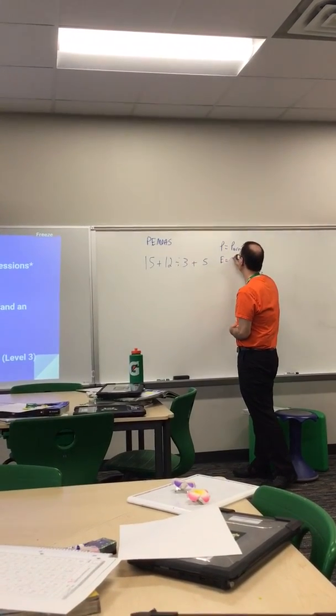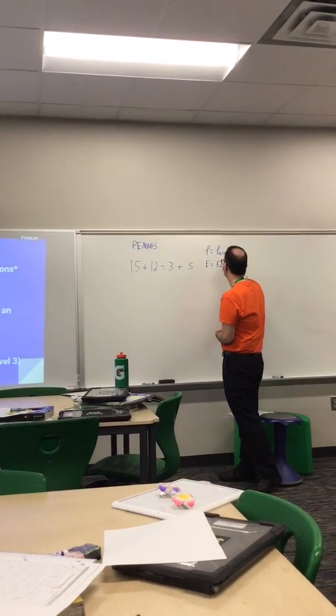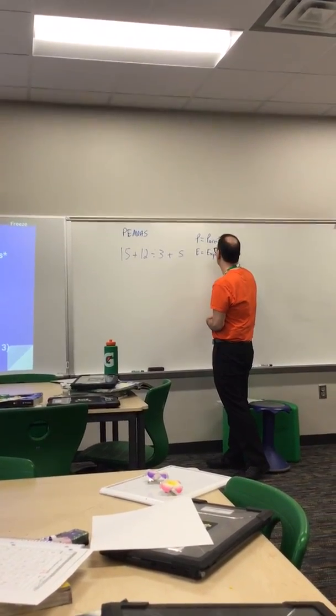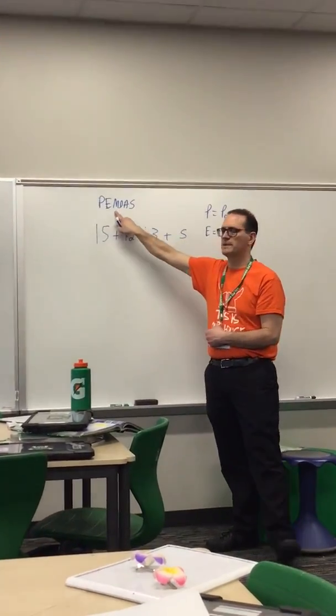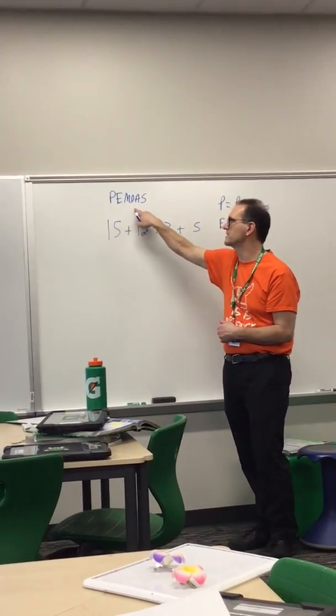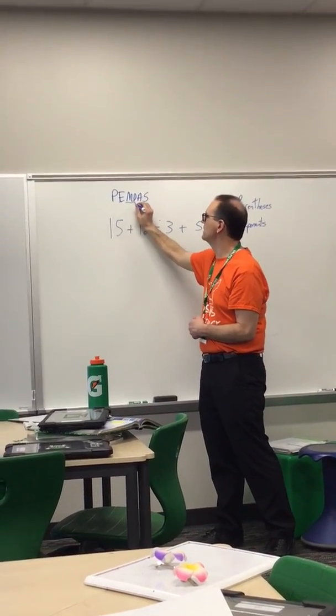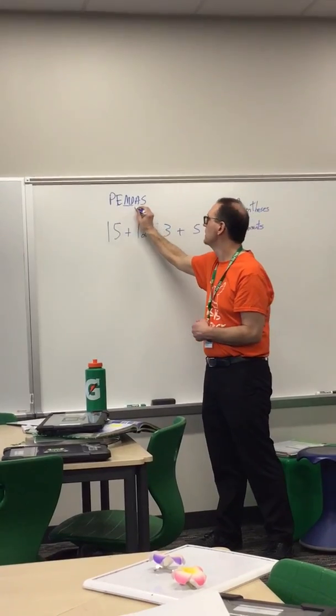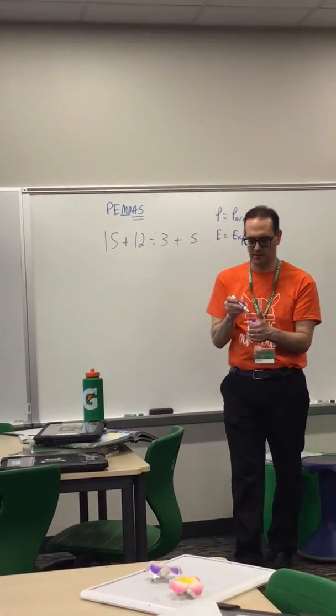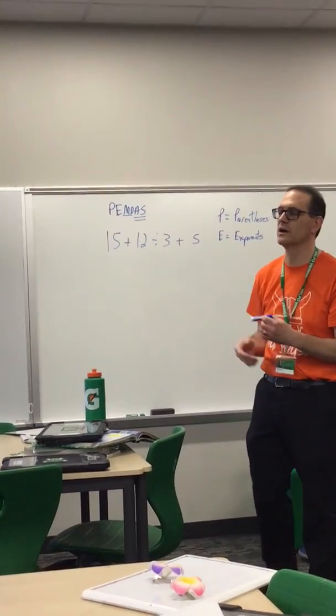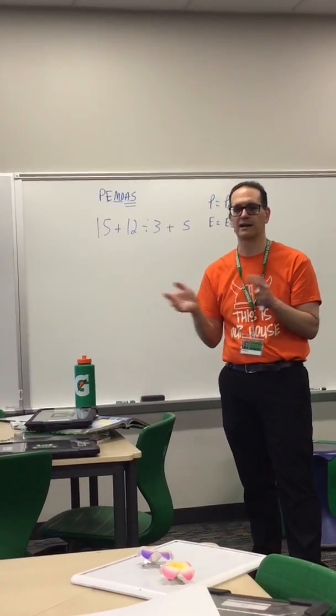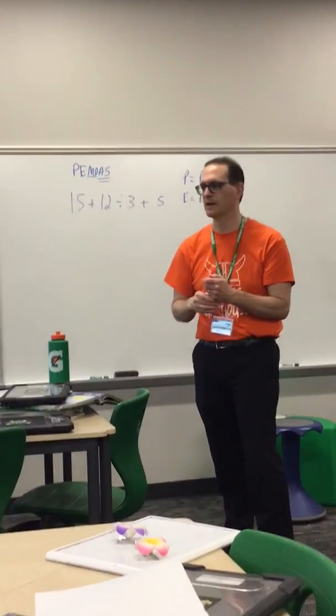E is exponents. And then we have multiplication, division, addition, subtraction. Multiplication and division come at the same level. Addition and subtraction come at the same level. So when you get there, you can do those just reading from left to right like you're reading a book.